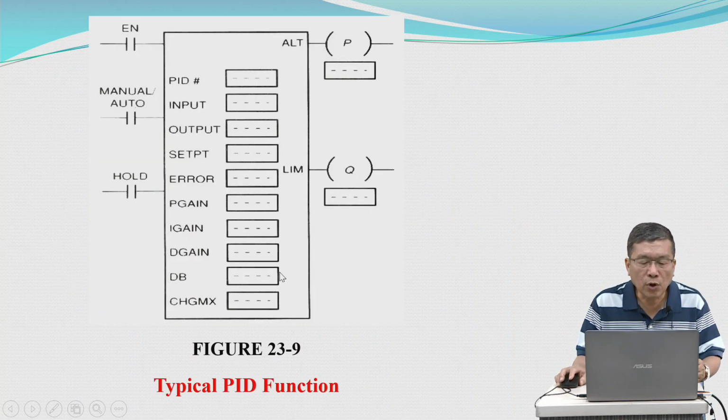This picture shows typical PID functions: enable, auto or manual, hold. PID number, input, output, set point, error, P gain, I gain, D gain, and deadband.